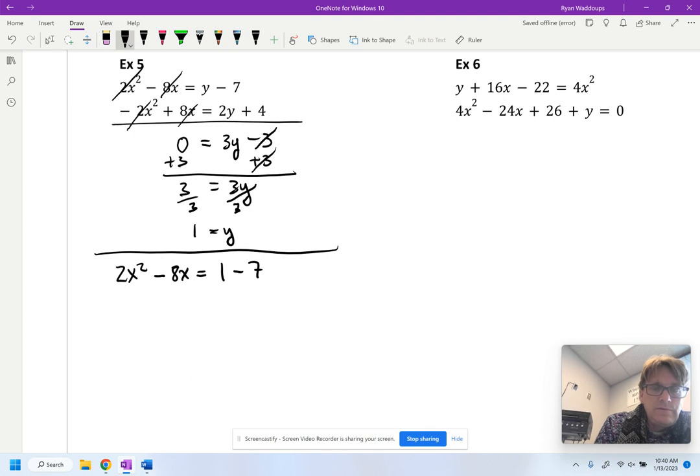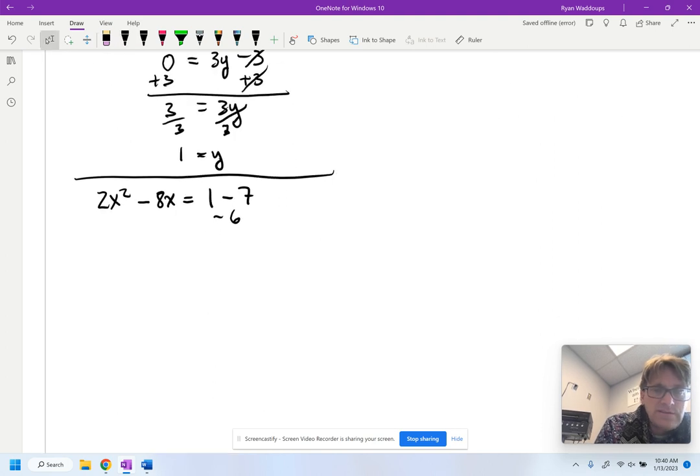And 1 minus 7 is negative 6. Let's write this in here. Negative 6, and I've got 2x squared minus 8x. Then I'm going to add 6 and add 6. That gives us 0 on the right.